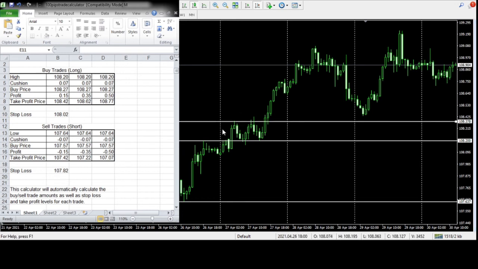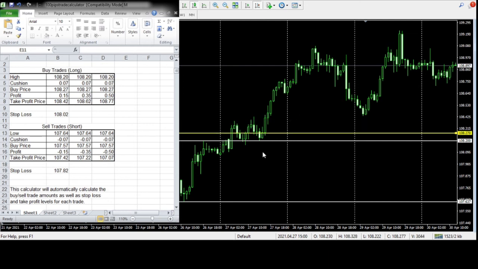I'm going to change this to yellow. The buy price is 108.27. All right, that is for the 27th.